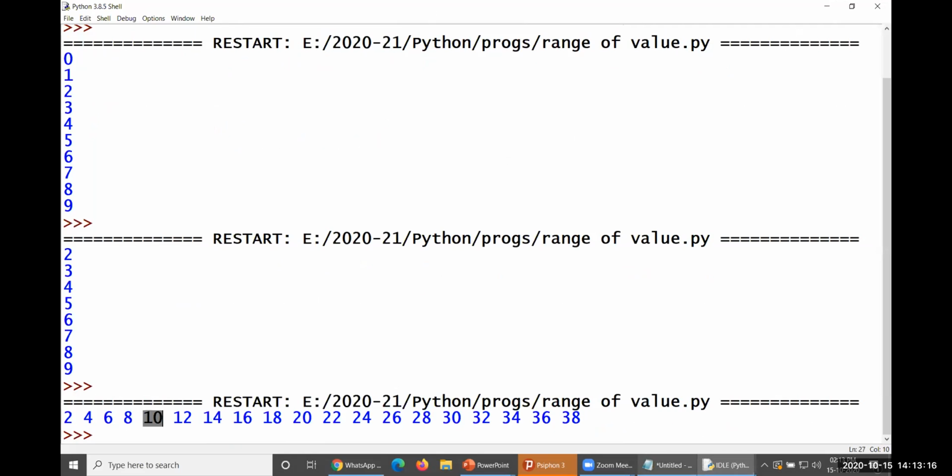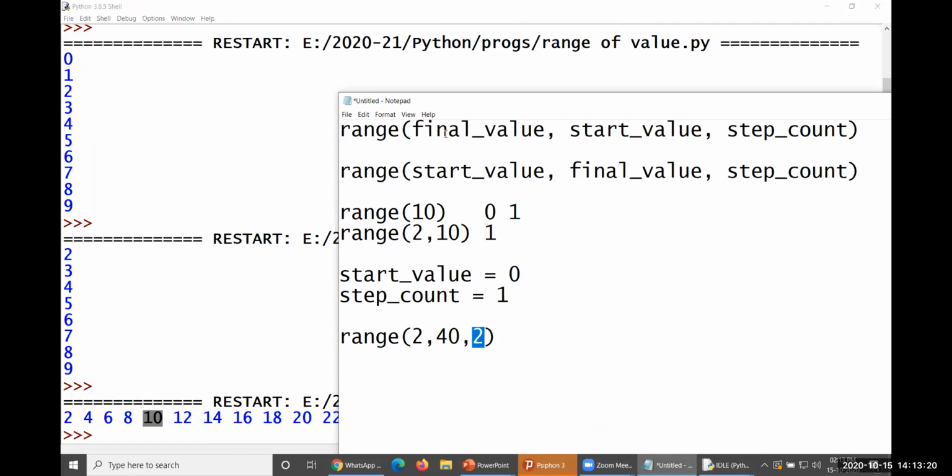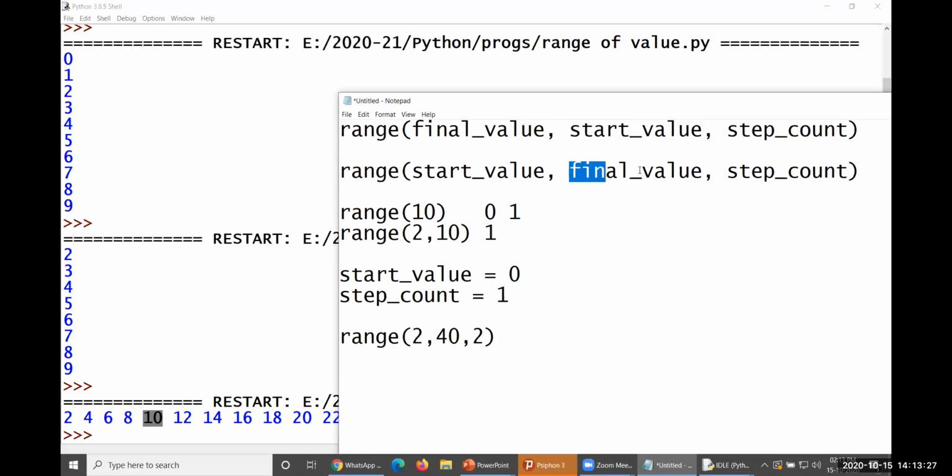So what exactly you need to learn from this program is that range may take 3 different types of parameters. Out of these three parameters, the final value must always be given by the user.